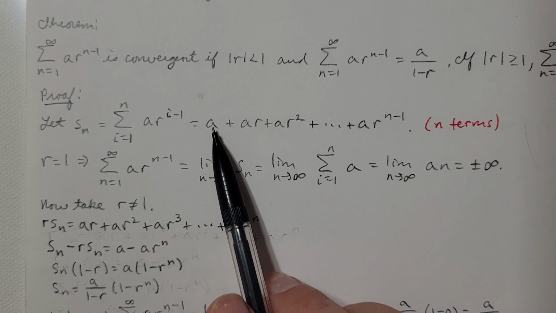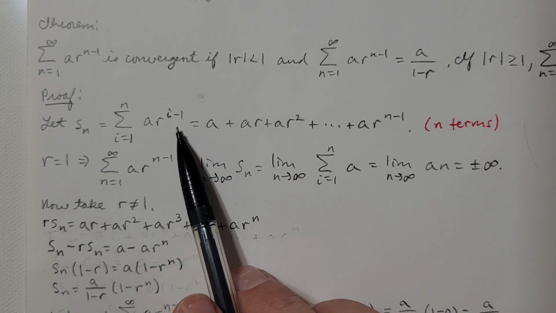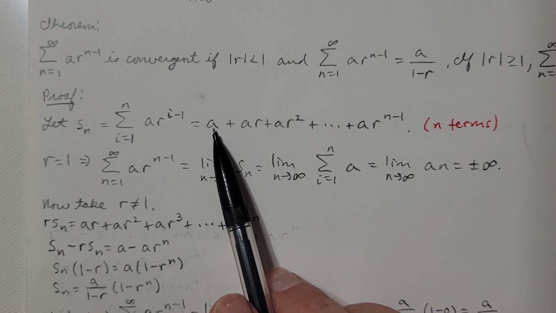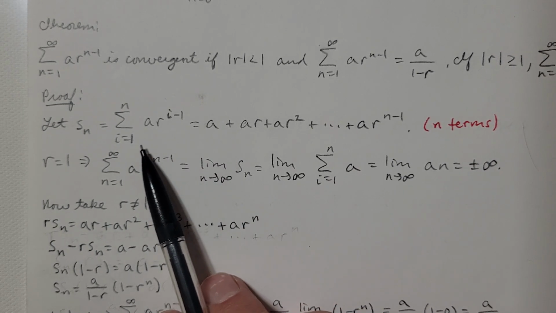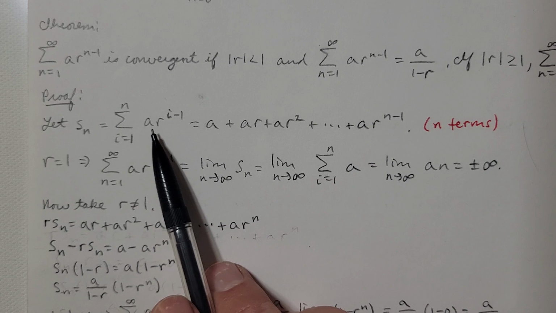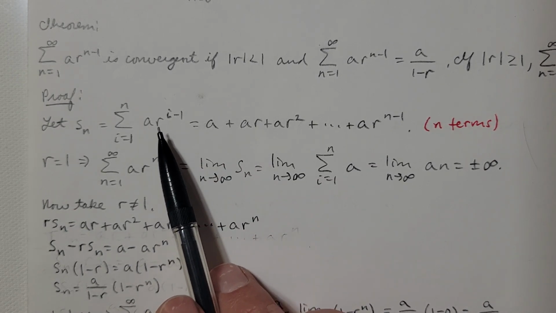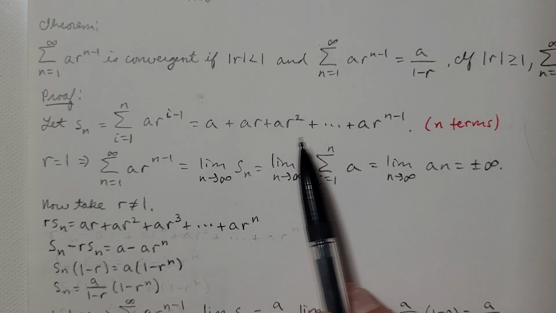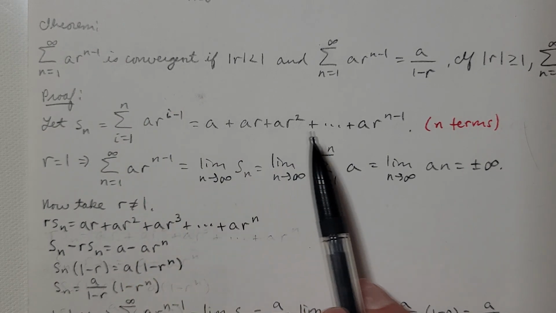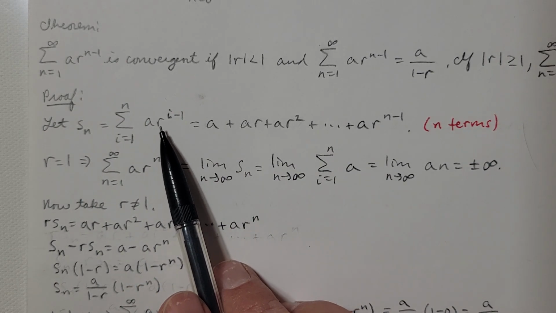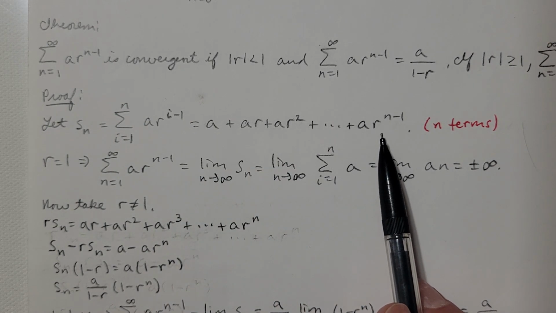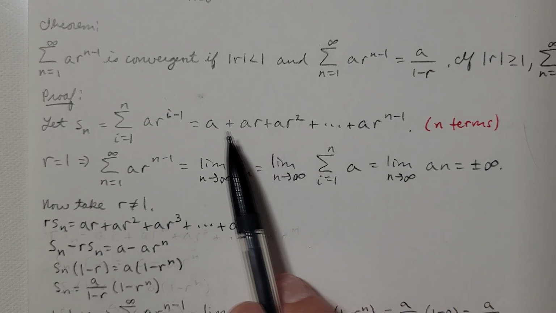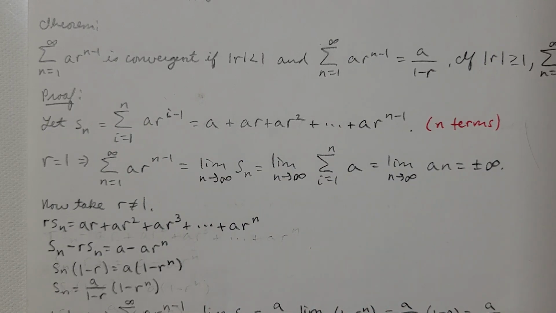So the first term, when i is 1, I get a times r to the 0, which is a times 1, which is a. When i is 2, a times r is the second term. When i is 3, a r squared is the third term, right, etc. I'm ending at n, so the last term here would be a times r to the n minus 1. Okay, so I got n terms here. There's n of these things that I'm adding up.